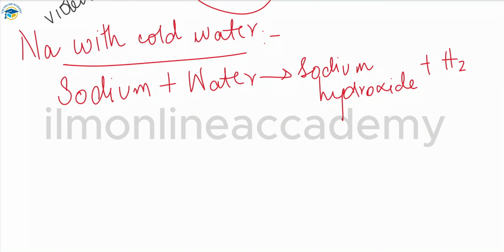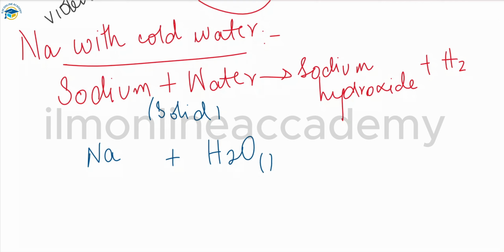You can easily check by whether hydrogen gas is released or bubbles are produced, because sodium is a solid and water is a liquid. When solid sodium is added to liquid water, bubbles will be produced, and those bubbles are of the gas produced in the reaction. And it is obvious that the gas produced here is hydrogen gas, right?